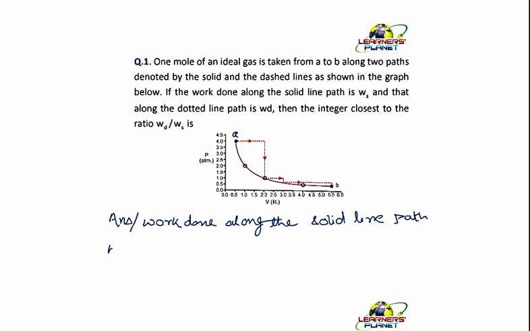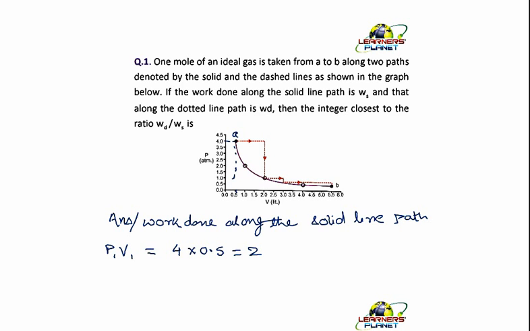So the work done is equal to PV. Let's first take out the products of PV. Okay, so in the first case, your P1 V1 is equal to how much? See, this is 4 and this approximately comes out to be 0.5. So this is 4 into 0.5 and that is equal to 2.